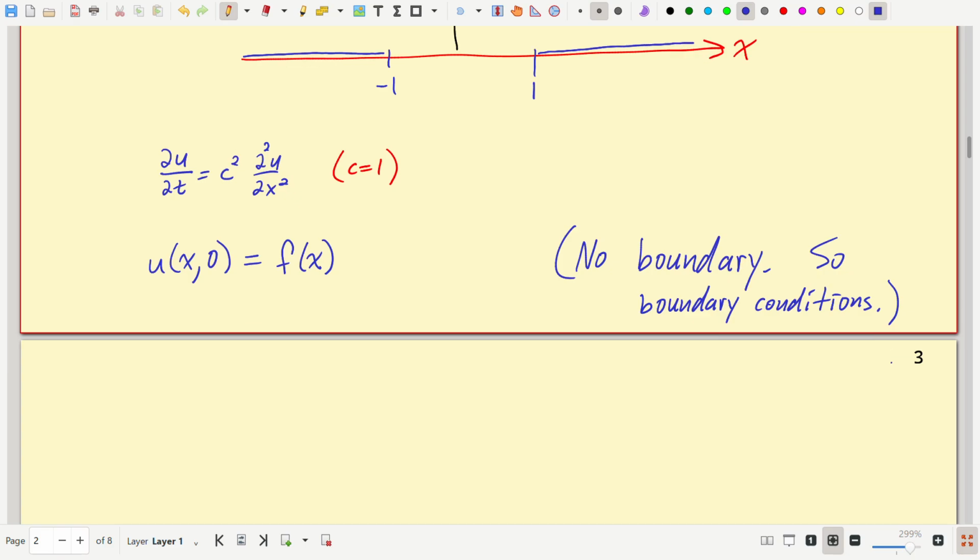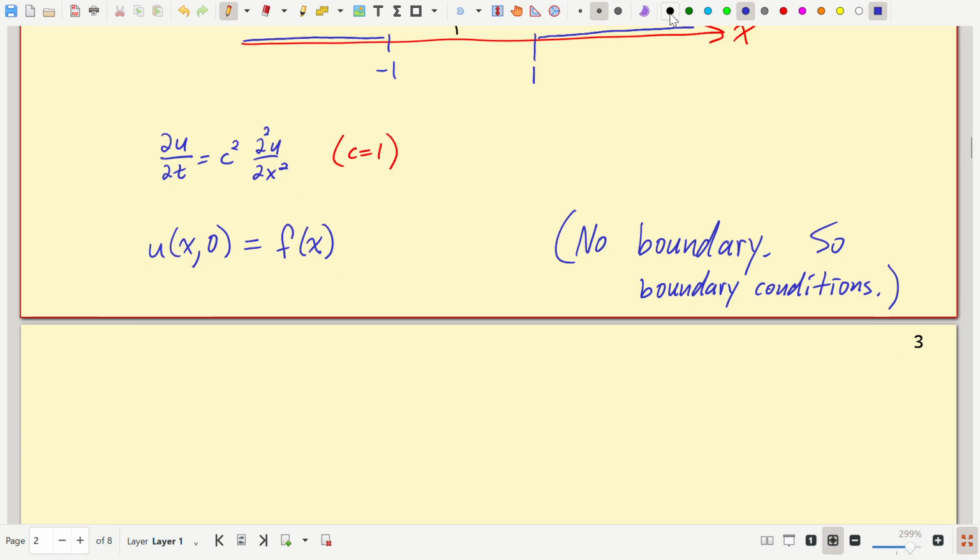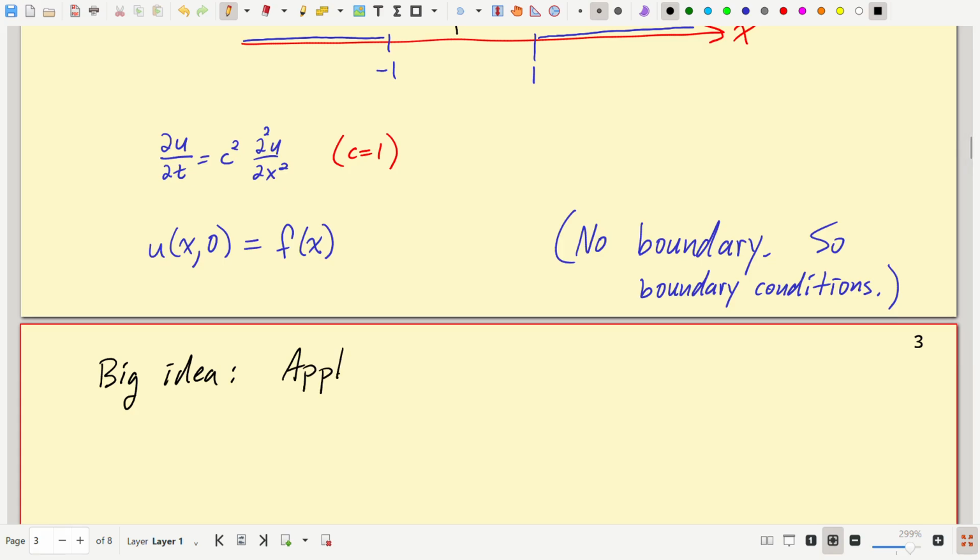Okay, the big idea is to hit the PDE with the Fourier transform in the space variable. Apply the Fourier transform in the space variable x.